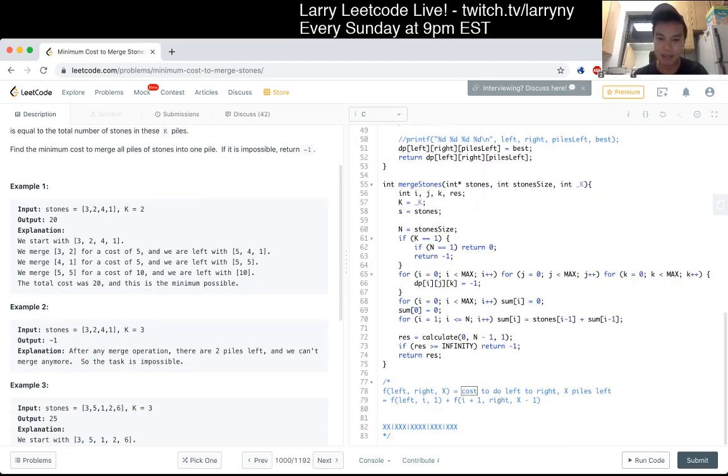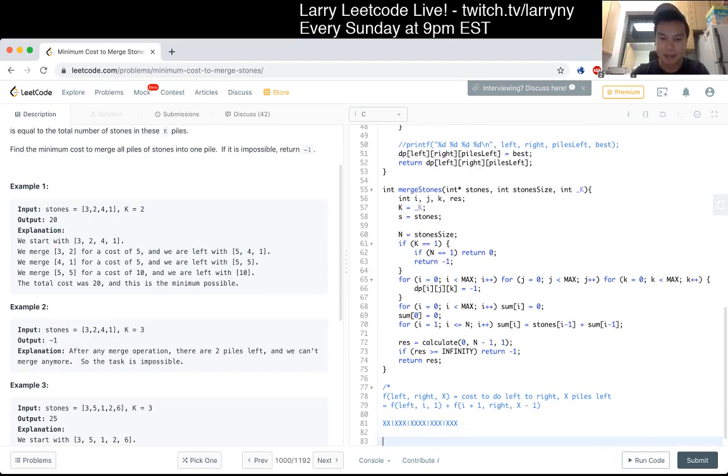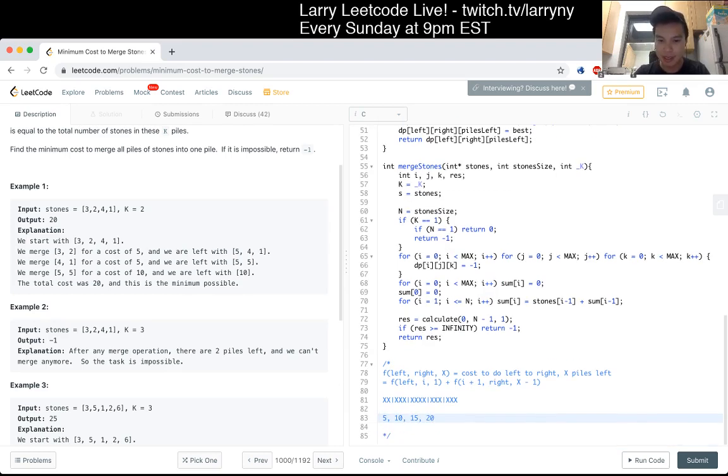The observation which I took for granted a little bit, which I can explain, is that let's say you have, I don't know, 5, 10, 15, 20 or something like that. And let's say k is 2, and no matter which, we could even just do 3, right? Let's just pick 12 so it's more obvious. So you could either merge the 5 and the 10 first, and you get 2 piles, and then it goes to 27, right?